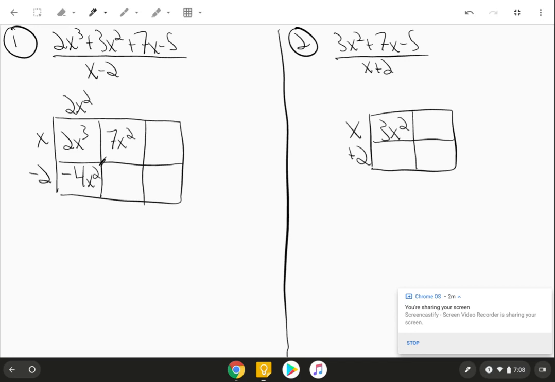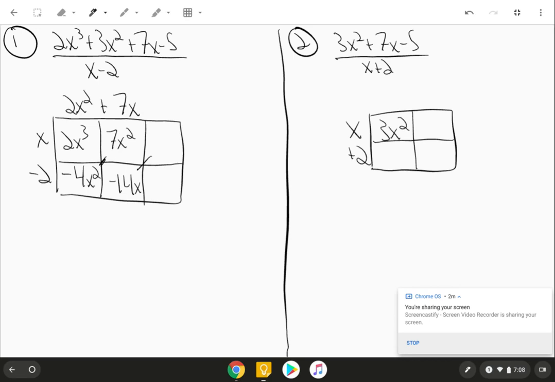Next column, x times 7x is going to give me 7x squared. That's going to make this a negative 14x. Negative 2 times 7x is negative 14x.